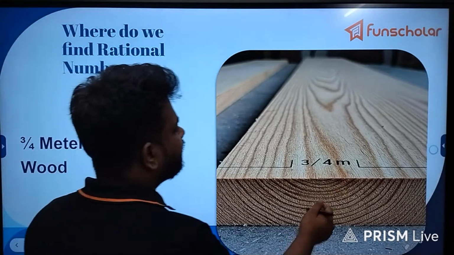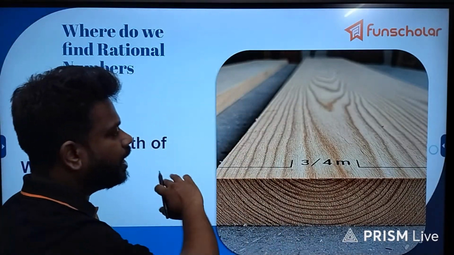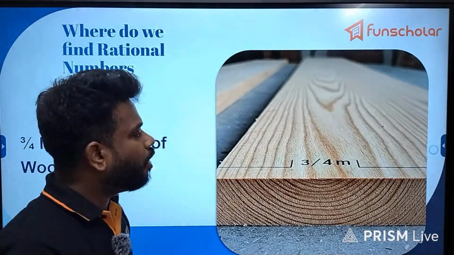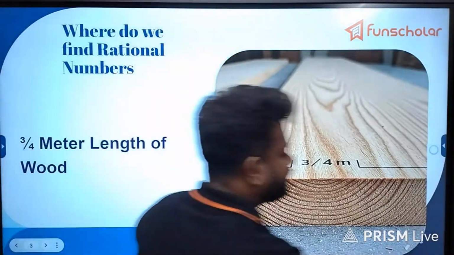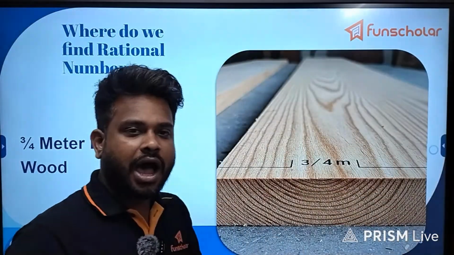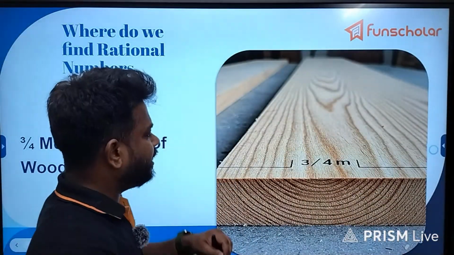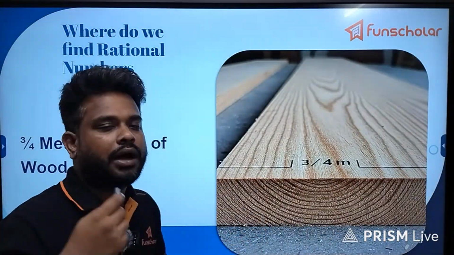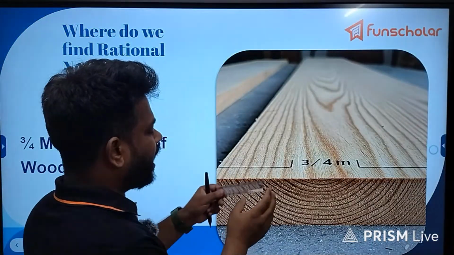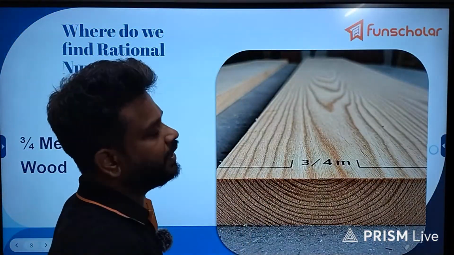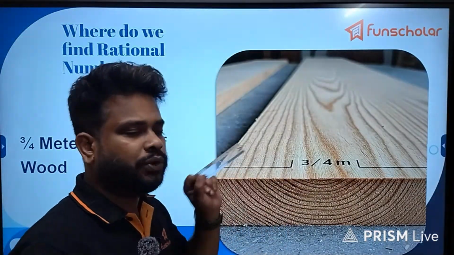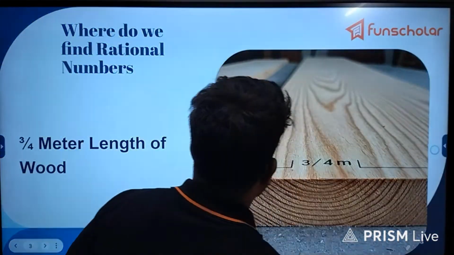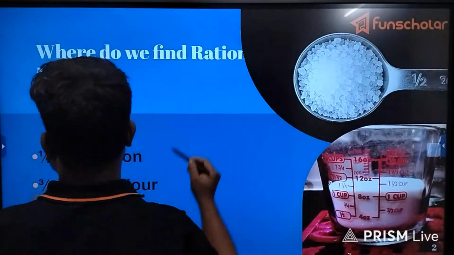You can see that in this diagram they have described how we can measure 3/4 meter of wood. This is a broken scale, but if you break the scale from 1 meter, you can have 3/4 meter of this scale.